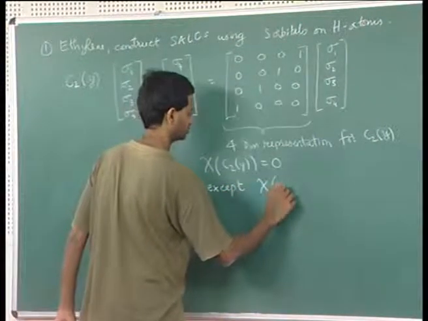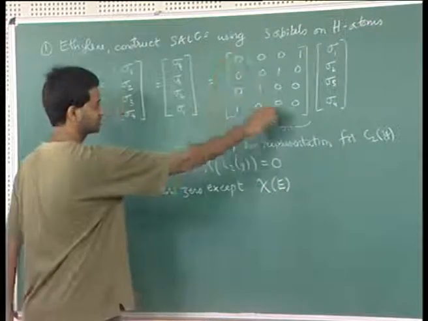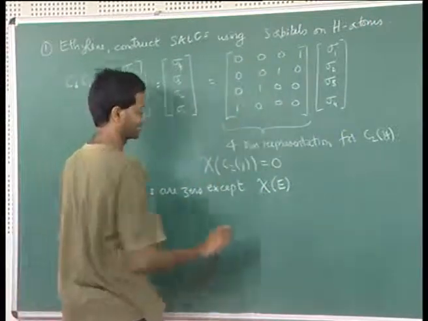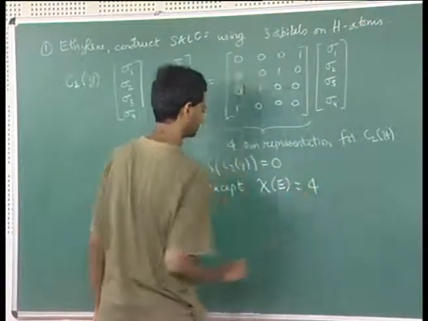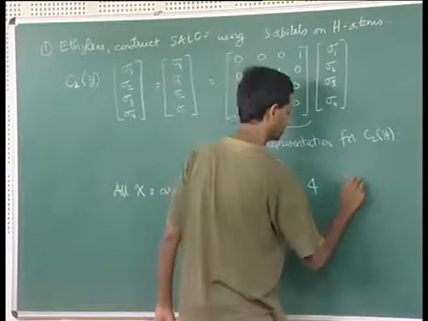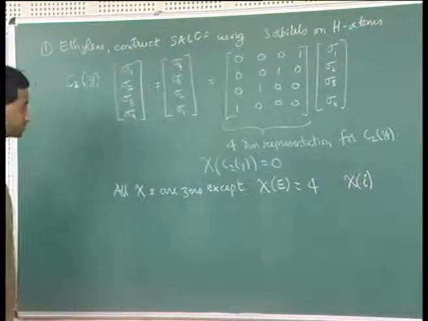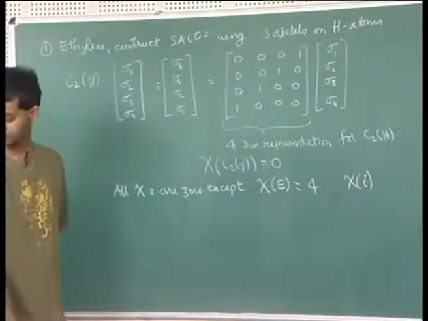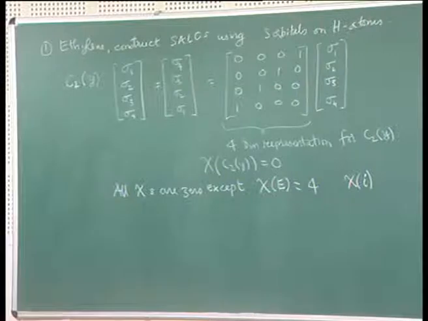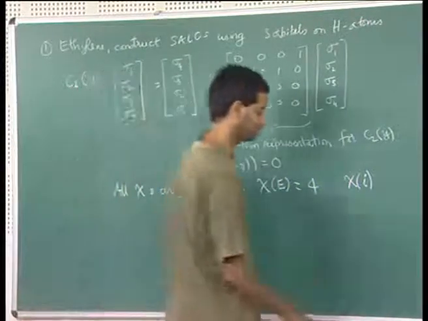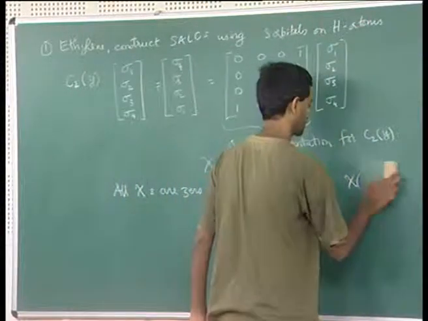chi of E, and since it's a 4-dimensional representation, you have to have 1 along the diagonals. Chi of E equal to 4, and not chi of I, but chi of sigma xy.